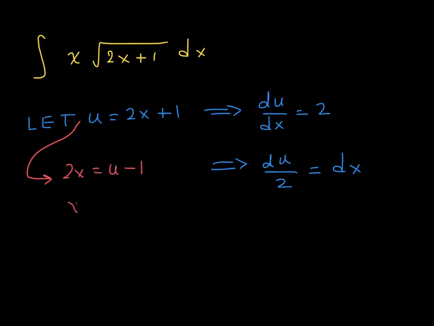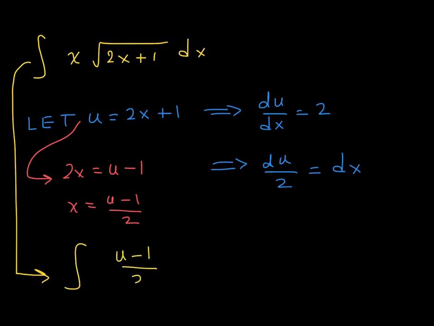That is to say, x is equal to u minus 1 over 2. So I can replace this x with this expression in u, and the entire integrand will be in u. It'll be the integral of u minus 1 over 2 times the square root of u, and then dx is du over 2.